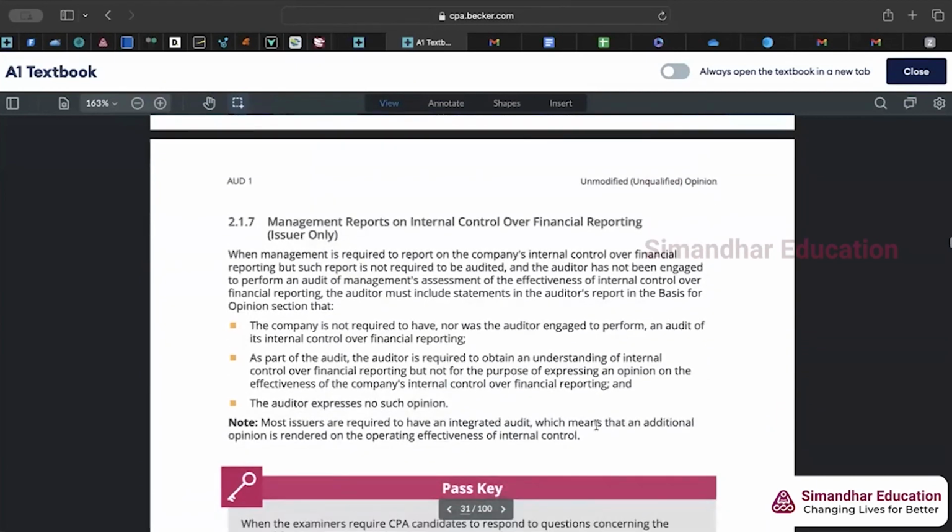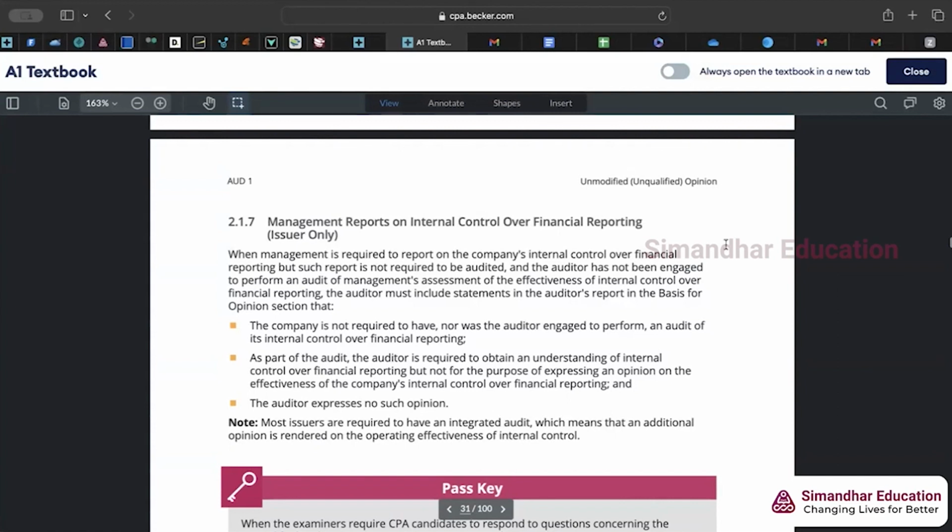Now, when we are talking about issuers, we also need to give an opinion on internal control over financial reporting. Management of the company is responsible for the design, implementation, and maintenance of internal controls over financial reporting.